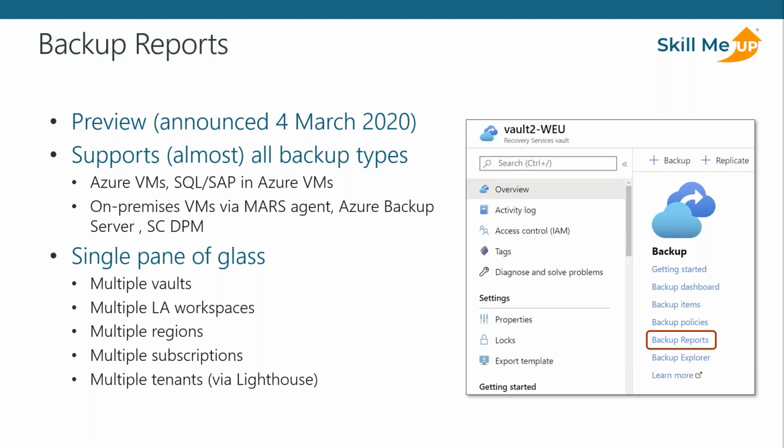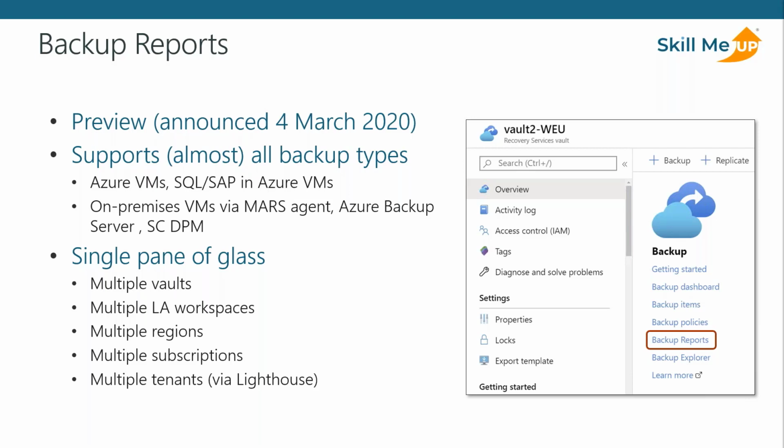Lets you look at how many VMs you have on each of your backup policies, because if you have too many VMs on the same backup policy, then of course you're going to have a lot of VMs backing up at the same time, and that's going to impact performance and so on. So you can look at those trends, how many backups do I have on each policy, and so on. So you can use this much more as a tool to make sure that you're configured in a healthy way and to look at longer term trends of how your backups are working.